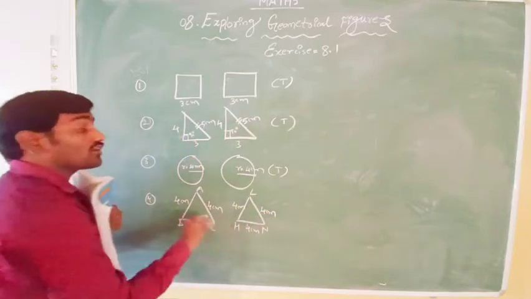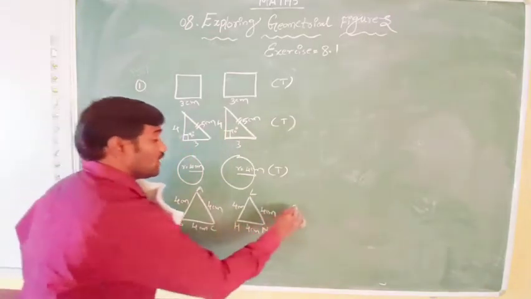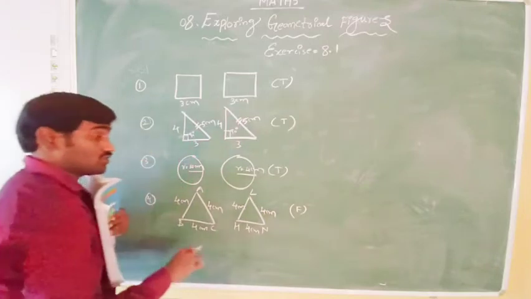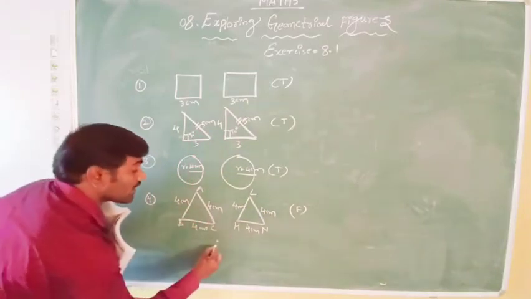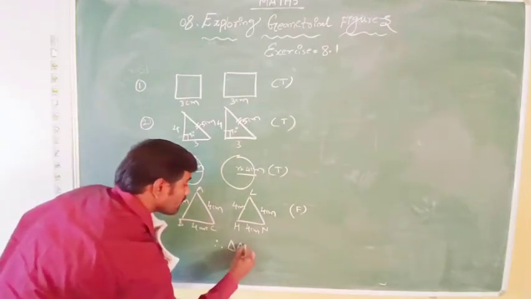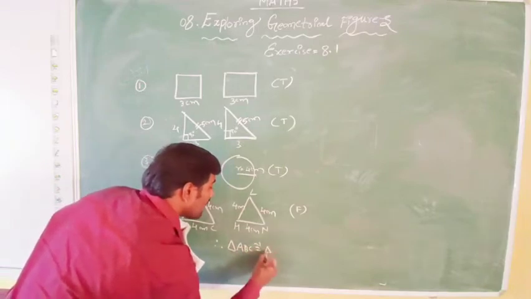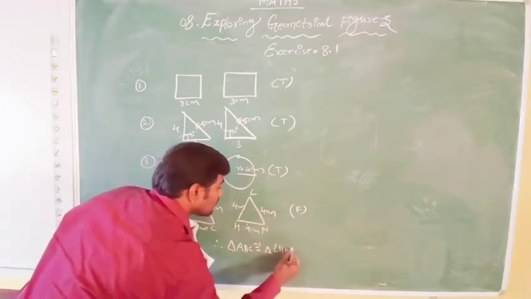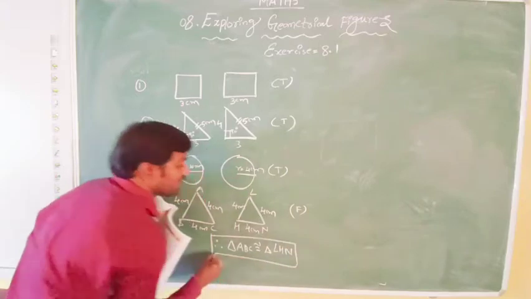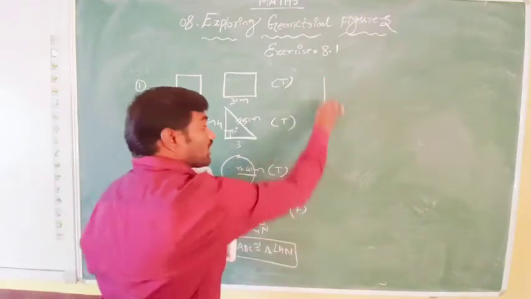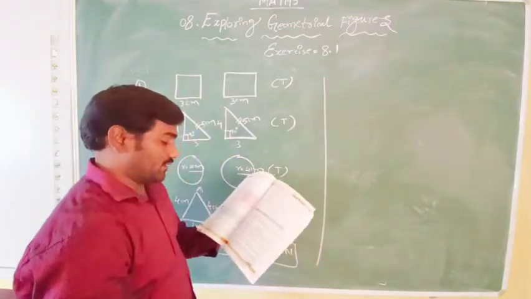Are they not congruent? No, they are congruent. It says not congruent, so it is a false statement, because triangle ABC is congruent to triangle LHN. But given that they are not congruent, that's why it is a false statement.